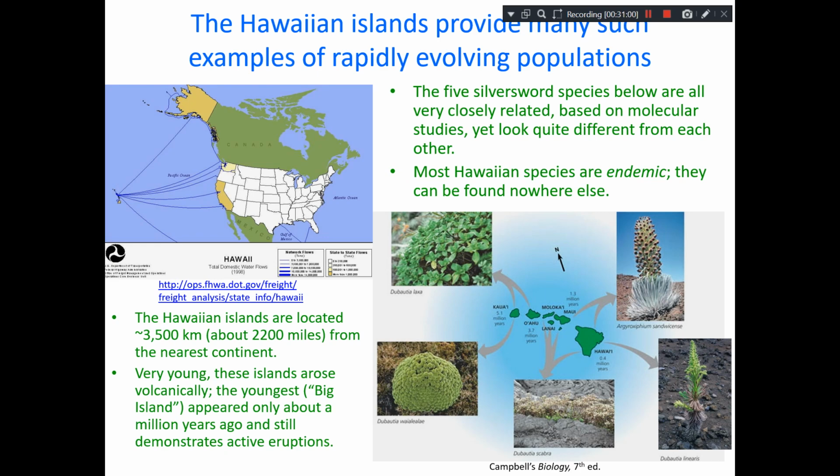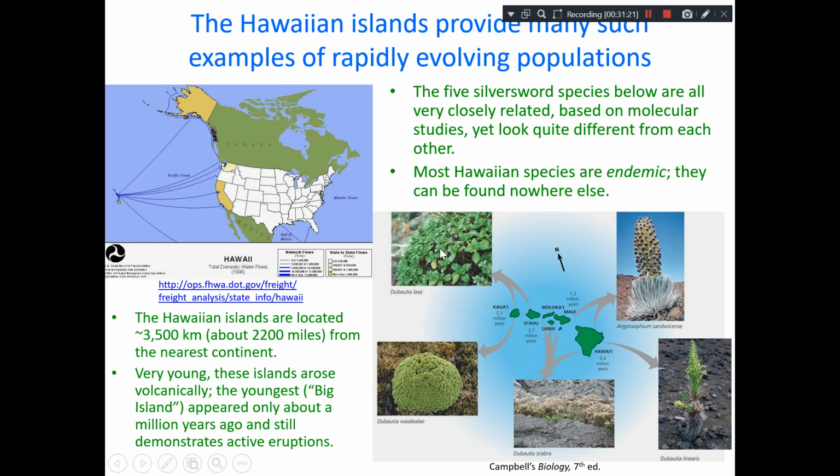To give an example, the Hawaiian Islands provide such an example of a rapidly growing population. Five silverwood species. See here, one, two, three, four, five.